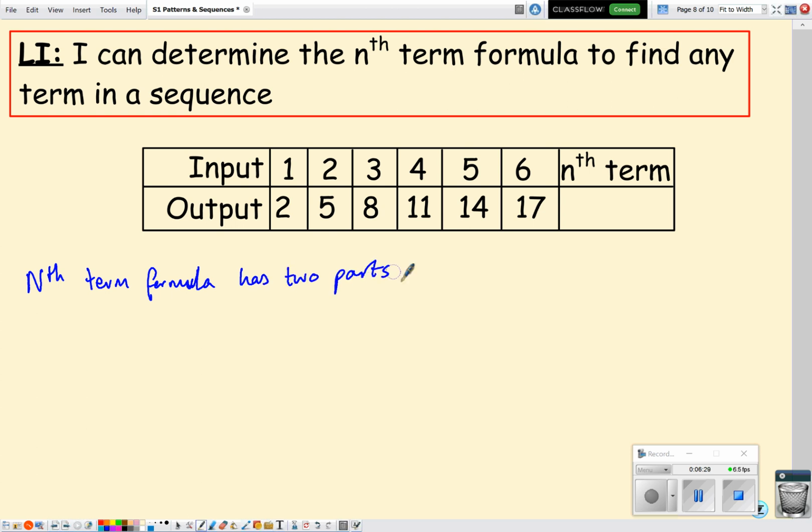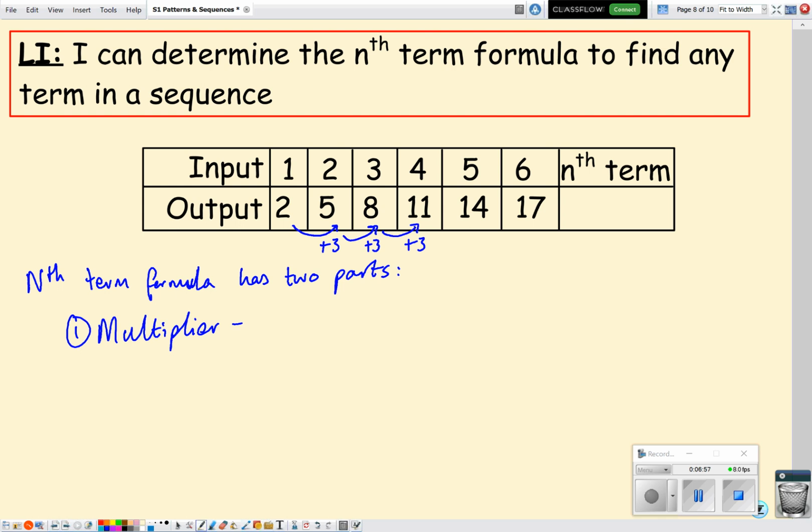Now, the first part is the multiplier. And that multiplier is nice and easy to spot. Your multiplier is what your sequence is going up in. The reason for that is because if we're going up in threes consistently, then we need a number sequence that goes up in threes.